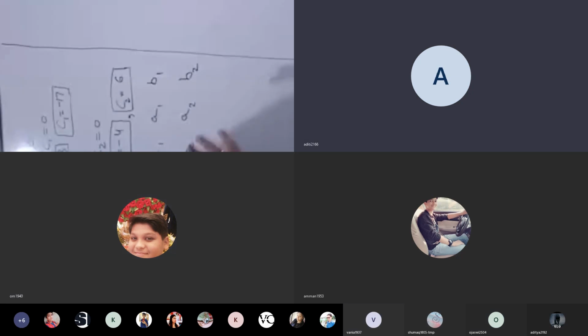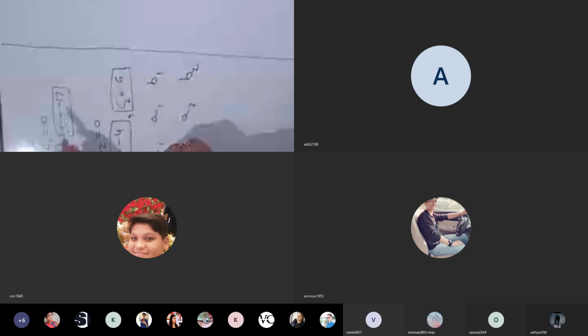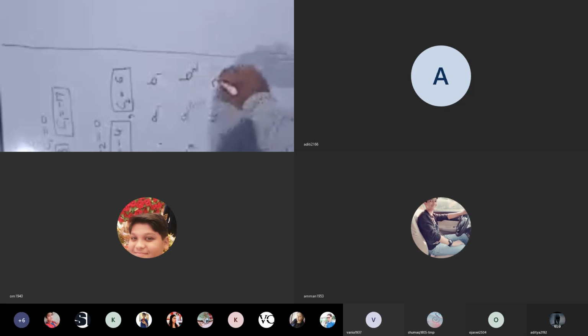Now we have to put the values. B1 value is 3, C1 is minus 17, A1 is 4, B1 is 3.